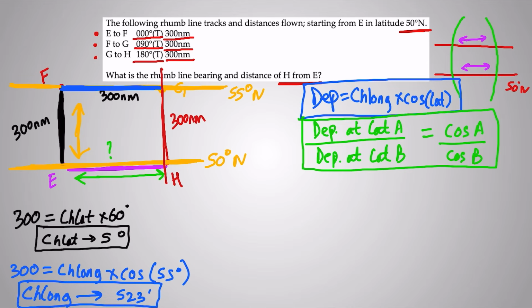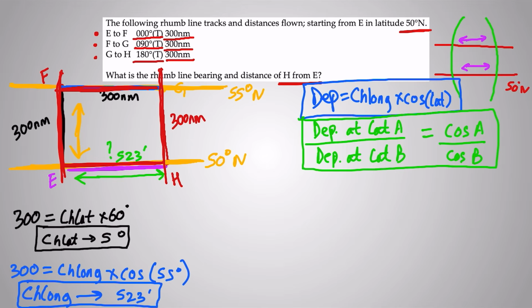So the angular distance between both of these longitudes at this latitude of 55 degrees north is 523 minutes. Now, the change in longitude will always stay the same, irrespective of the latitudes we're talking about, because it's the angular distance. So the change in longitude at the latitude of 50 degrees north will also be 523 minutes, correct?